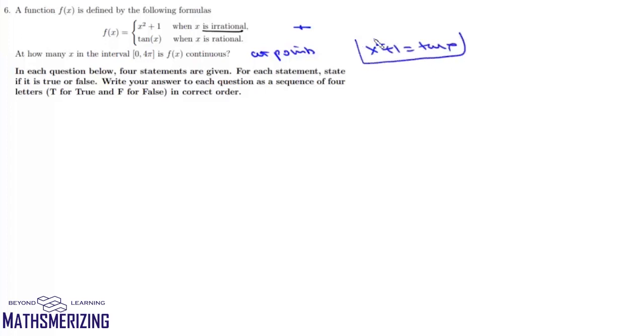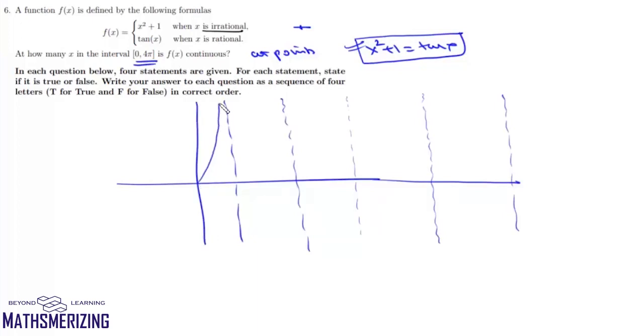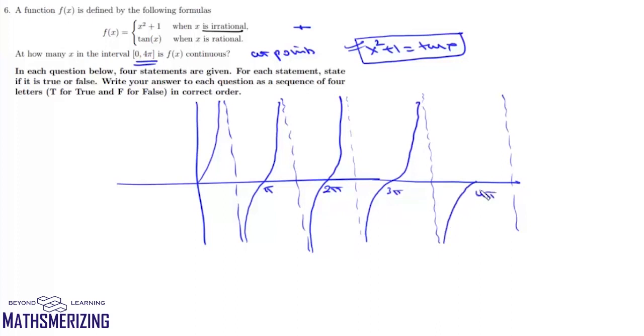So all we need to do is find the number of solutions of this equation in the interval 0 to 4 pi. So we'll draw the graphs. So this is pi, 2 pi, 3 pi and 4 pi, and we'll draw the graph of y equals x square plus 1.